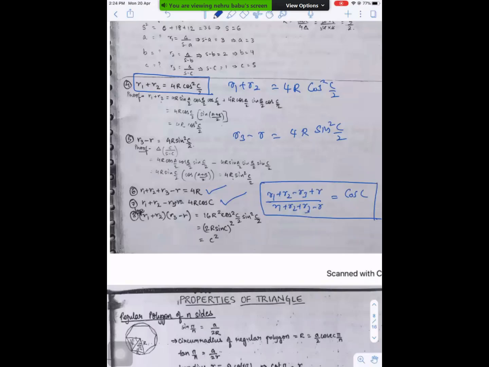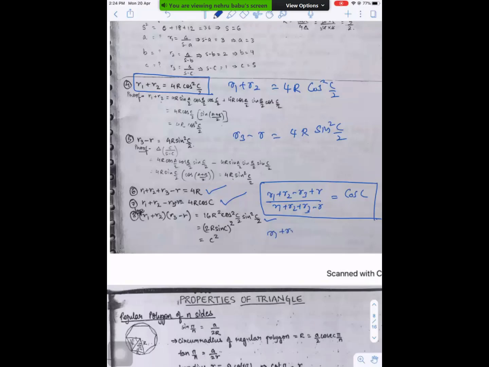In the same way, every result comes just from R1 plus R2 and R3 minus R. If you multiply these two things, proof is also there. R1 plus R2 into R3 minus R is 16 R square cos square C by 2 sin square C by 2. That is exactly the same as 2R sin C whole square, with sin 2 sin C by 2 cos C by 2, which gives C square.